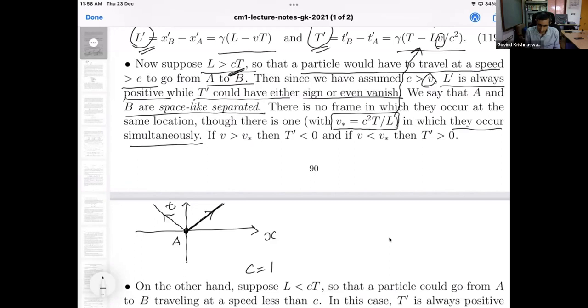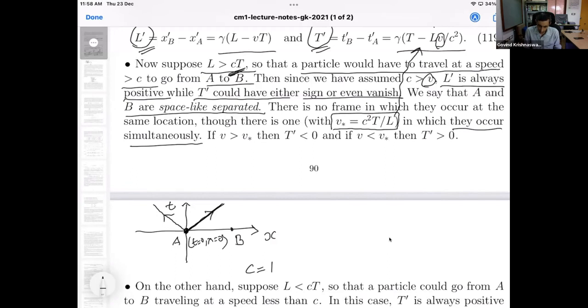Now a space-like separated event, B. Suppose this is the frame in which A occurs at t equal to 0, x equal to 0. Another event could be B, here for instance.